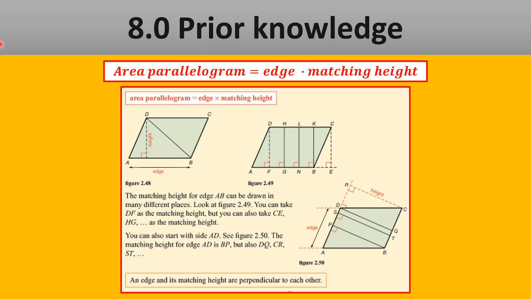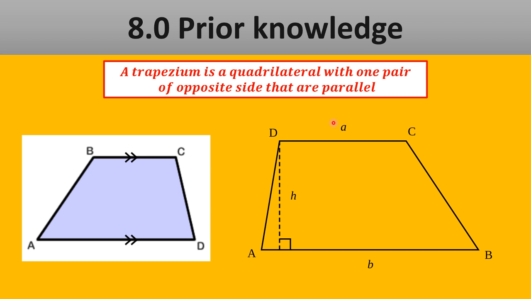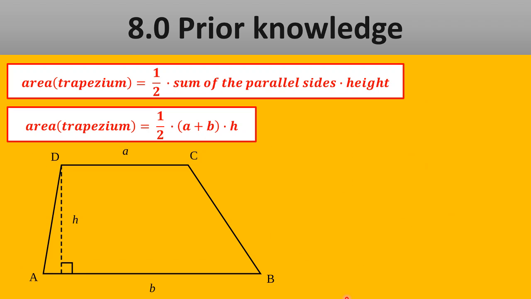Okay, that's parallelogram. And I think this one occurs not that much in this chapter, but still very nice to know. Then we had a trapezium like this, where we had one pair of parallel edges, in this case AB and CD, and we call those edges A and B, and then we said, well, the area of this thing is a half times (A plus B) times H, or in words, a half times the sum of the parallel sides.